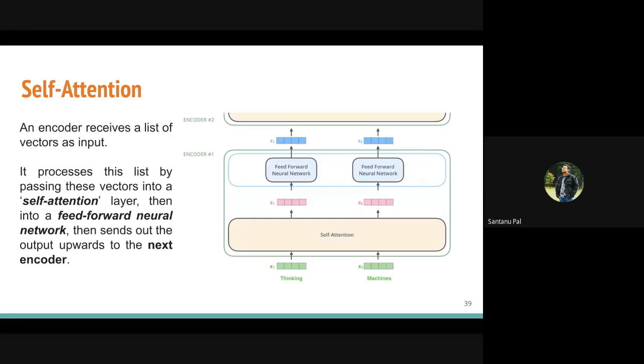This embedding will go to the self-attention network, and the self-attention layer provides some representation, going through the feed-forward network, and sends this output to the next encoder. This is the very first encoder, and then all the representations are passed to the next encoder.